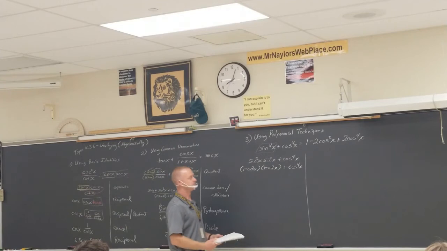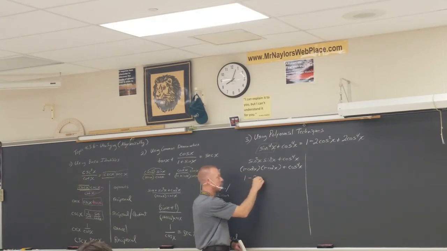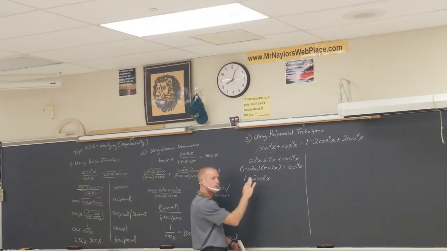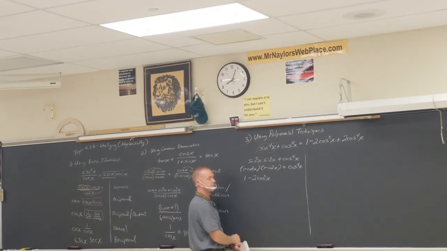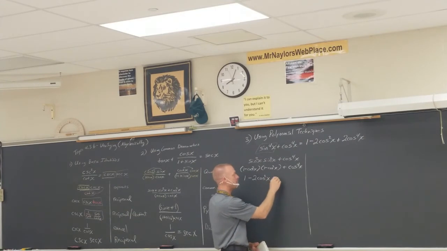Okay, so also in this one, I would expect that you're going to show some foiling. You don't have to show arrows, but you should show the result of the FOIL. Like, you get a 1 and you get minus 2 cosine squareds. You can skip right to that. Now, the last part of the foiling will give you a positive cosine to the fourth.